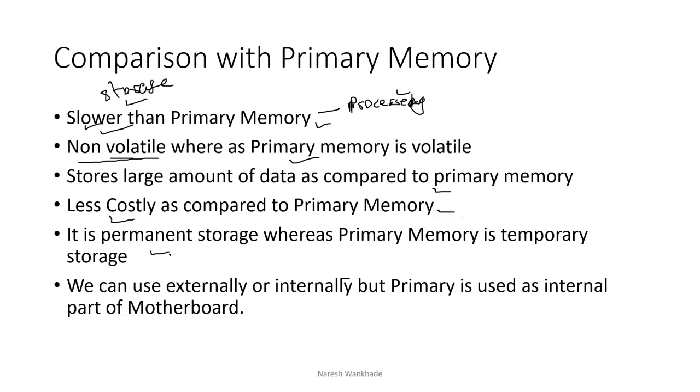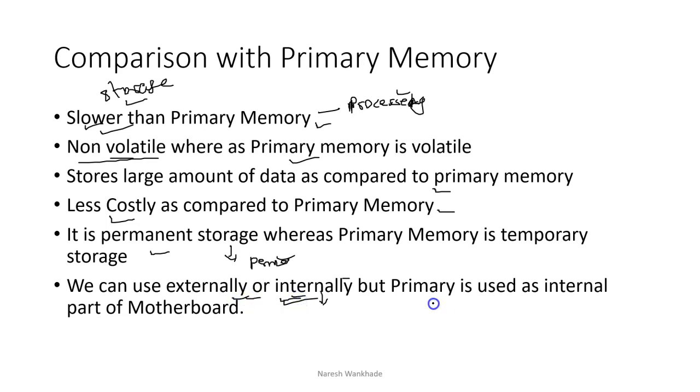This secondary memory is basically permanent storage, whereas primary memory is temporary storage, means we can store data permanently here in case of secondary storage. And this secondary storage or the secondary memory can be used externally or internally.